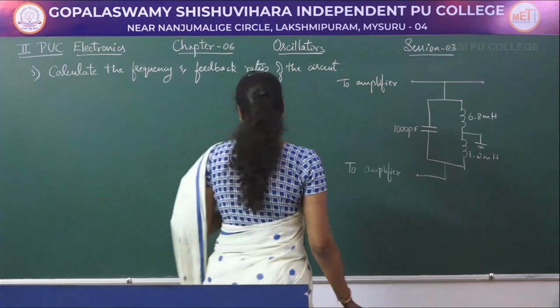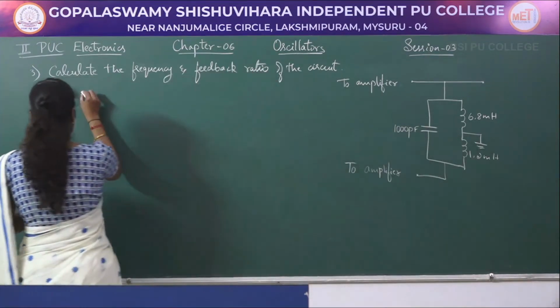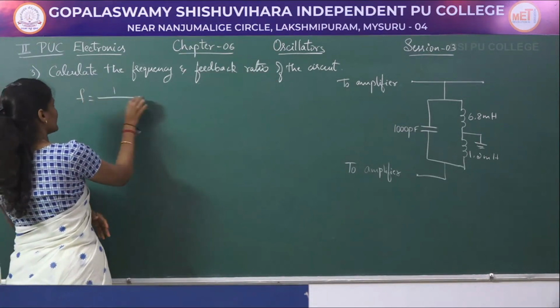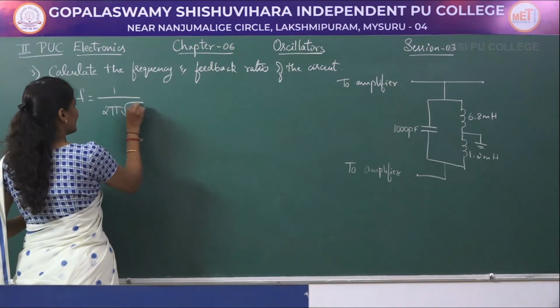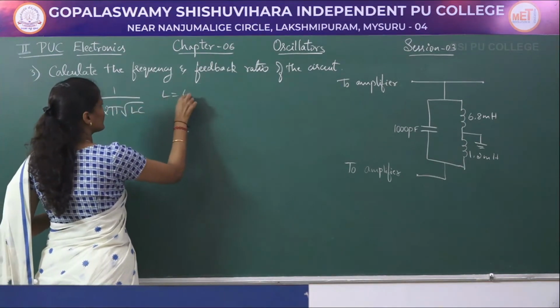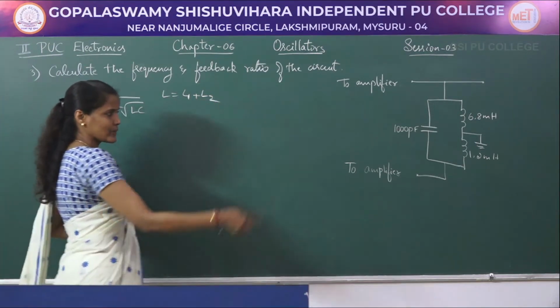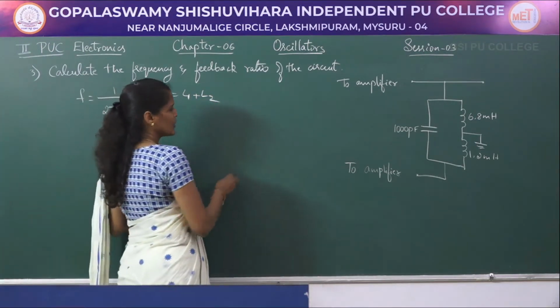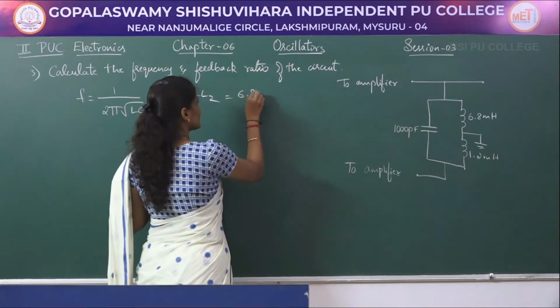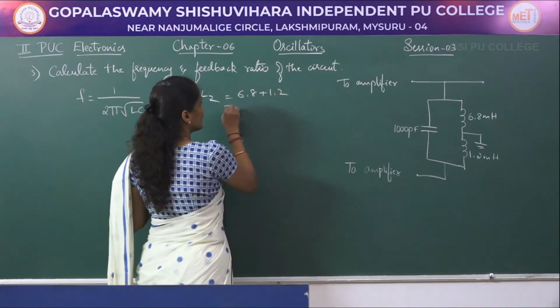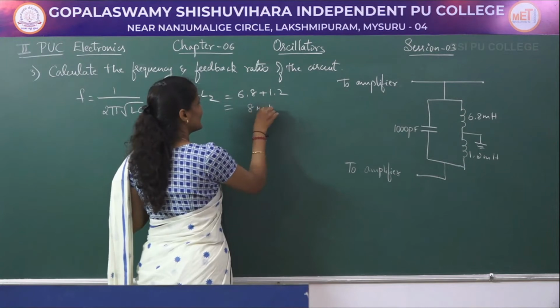So the formula for the frequency of Hartley oscillator is F is equal to 1 divided by 2 pi root LC, where L value is equal to L1 plus L2, where L1 is 6.8 millihenry and L2 is 1.2 millihenry. So 6.8 plus 1.2 gives me 8 millihenry.